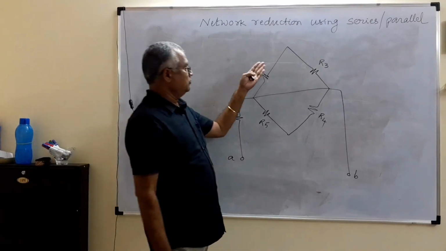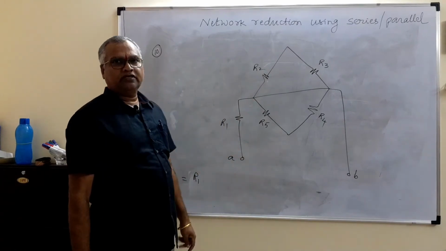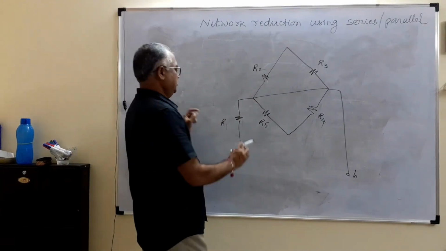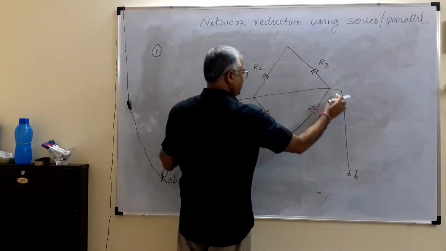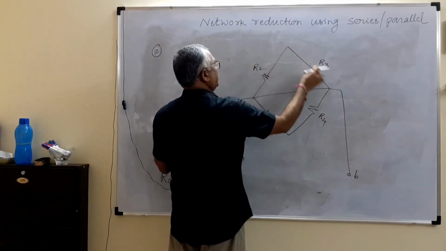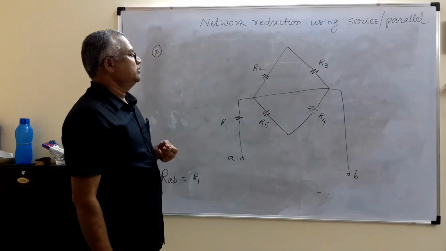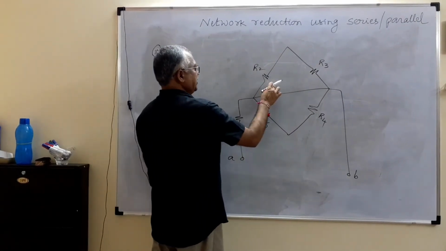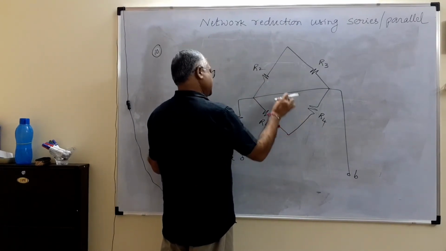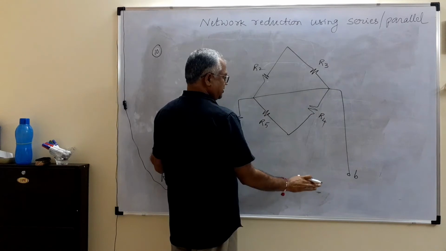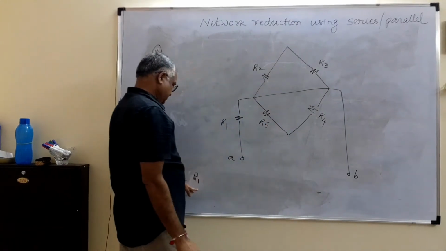What happens to R2 and all the others? Physically connected but electrically not connected. If this is shorted, current will flow like this only. Current is not flowing, so how can you answer series or parallel? R2, R3 physically connected, electrically not connected. R5, R4 also physically connected, electrically not connected. Because they are not connected, we don't consider them. So simply R1.